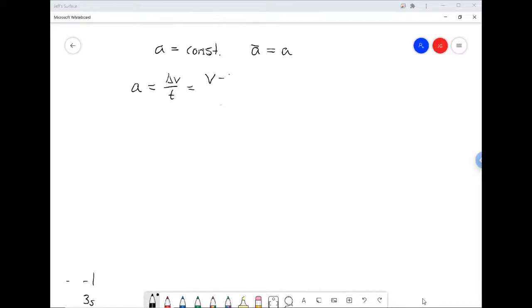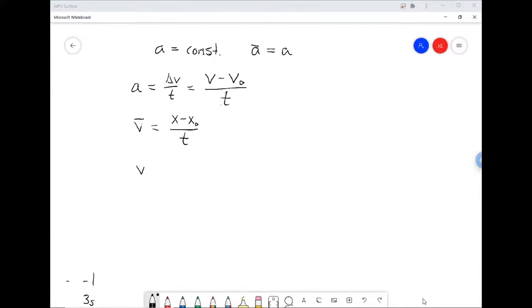Final minus initial divided by t. All right. Then the other pieces that we have, these other first principles, are this idea that average velocity equals change in x, delta x over t. And then let me write down one more thing.